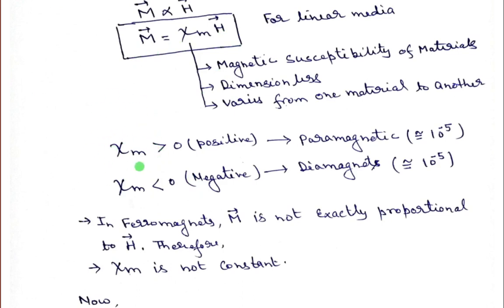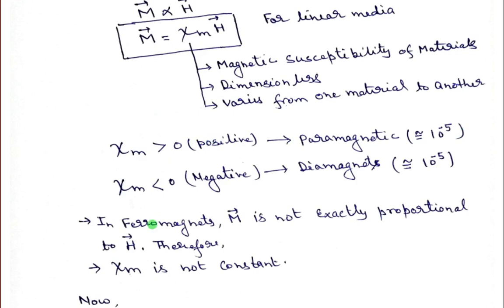If the value of chi m is positive, greater than 0, then the material is a paramagnetic material. The value of chi m is normally of the order of 10 to the power minus 5, or 10 to the power minus 6 or minus 4 depending on the material, but on average it is of the order of 10 to the power minus 5. But it should be positive.